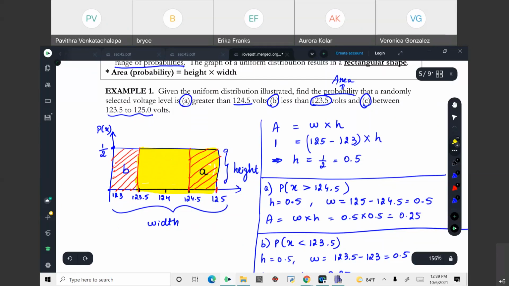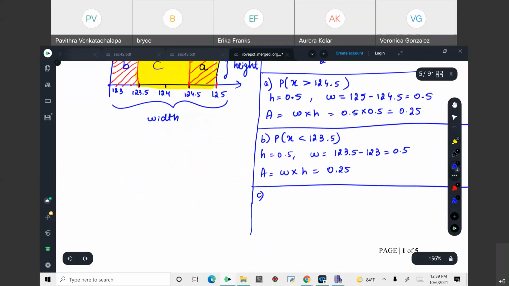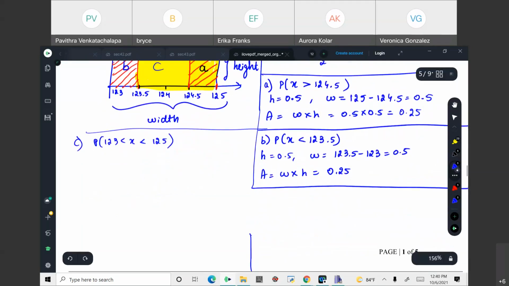So this is C. Okay, area between, let me write this here. Probability or the area between 123.5 and 125. Find out the width, which is 125 minus 123.5, and height will be equal to 0.5. What is the area?